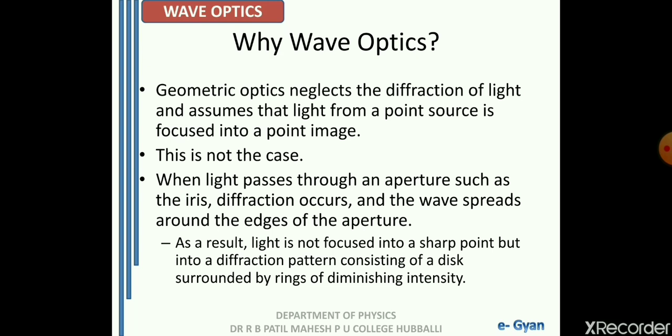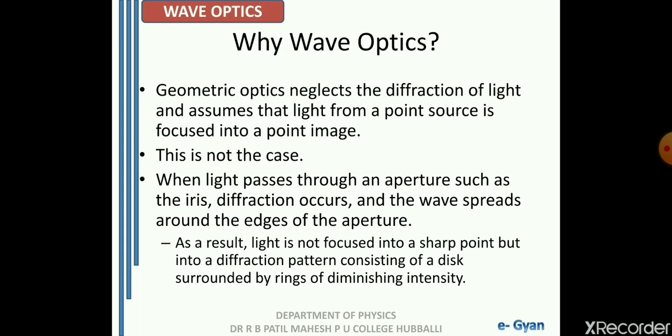Now to connect with our experience, those who wear spectacles, when we see the street lights or bulbs at night, rather than experiencing it exactly as its structure is, what we experience is that there is a bulb at the center, whereas there are rings around that bulb.